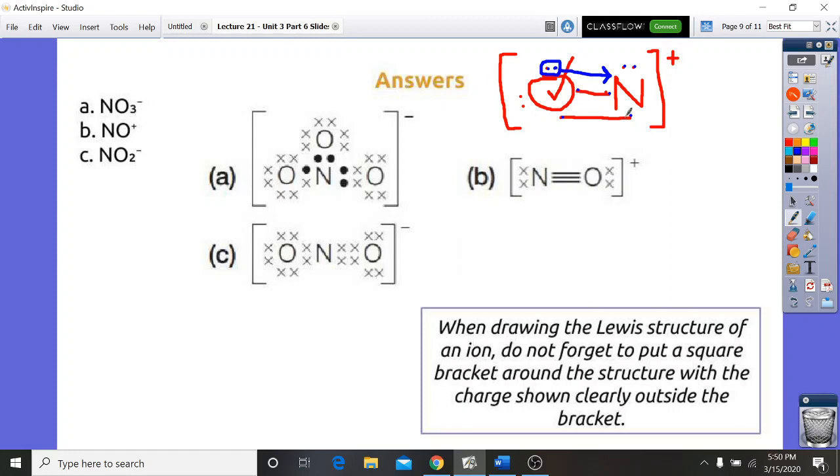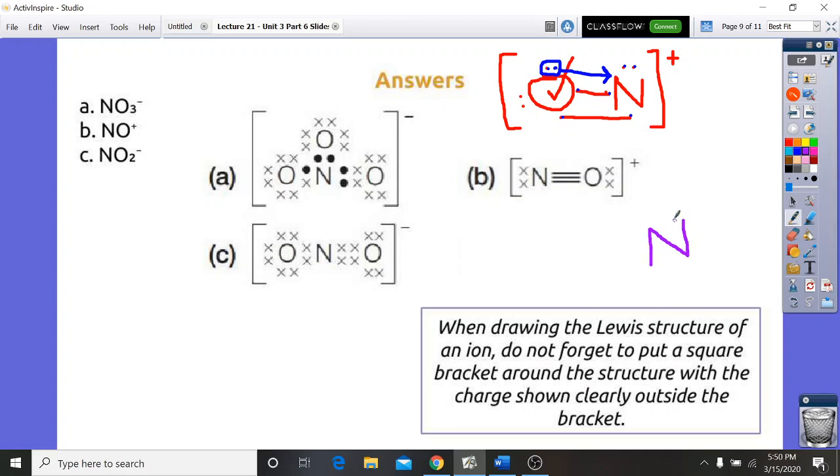If we had not removed this electron from nitrogen, nitrogen would have either remained with just 7 and been unstable, or it would have had 9 because we would have tried sharing something from the O to complete it. Therefore, it takes these 2 from O and it removes the electron. Now, you might be asking, do I have to remove the electron from nitrogen? No, you can definitely remove it from oxygen as well.